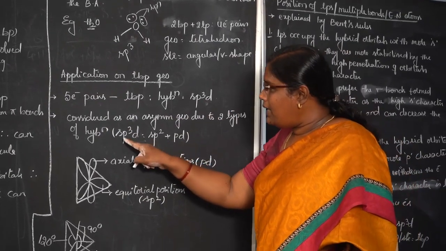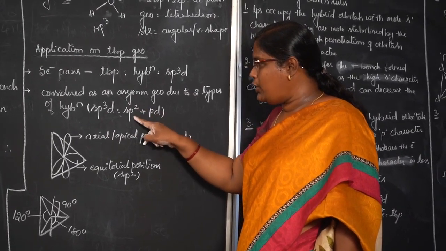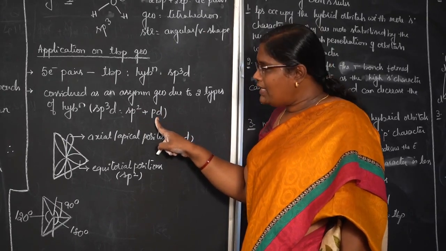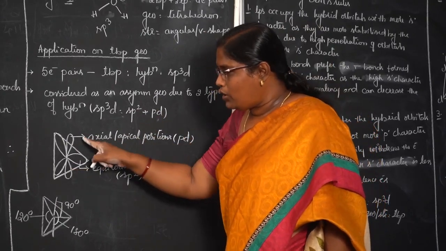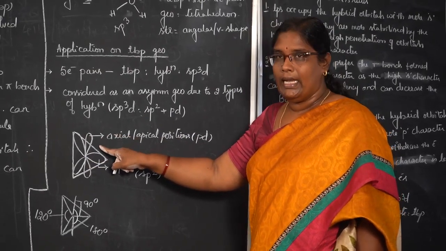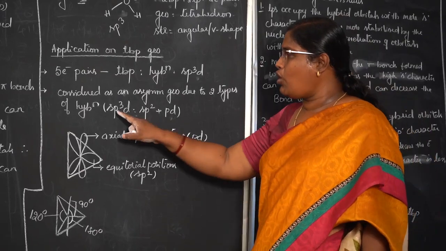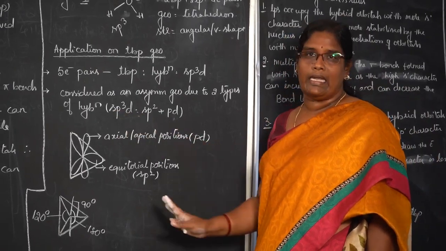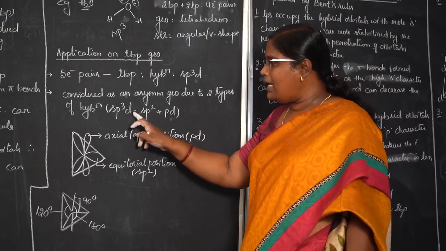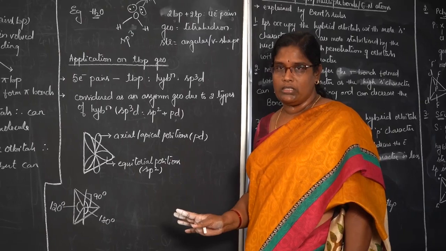The sp3d hybridization we write as sp2 plus pd hybridization. This means the 5 hybrid orbitals we get here won't have a symmetrical distribution of sp and d characters. The distribution of sp and d characters is not uniform among all the orbitals.